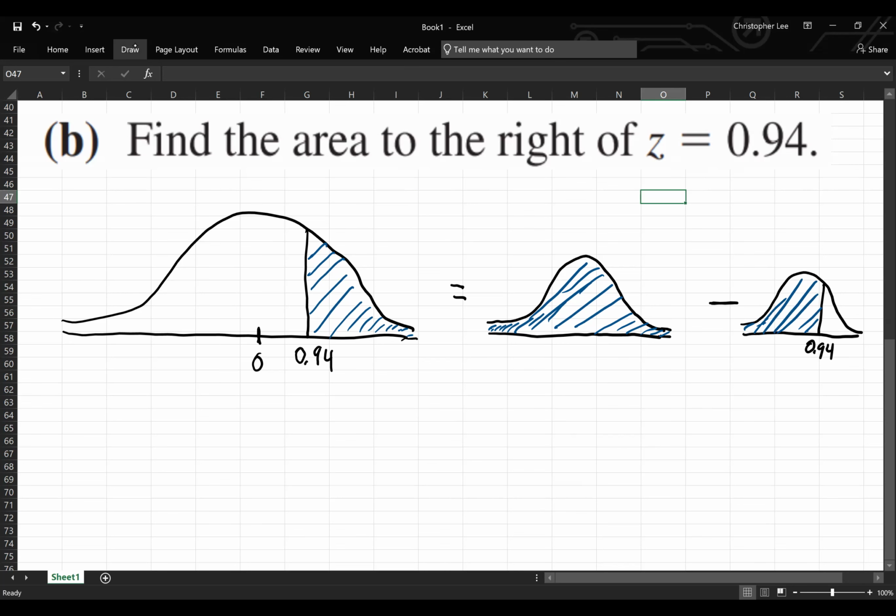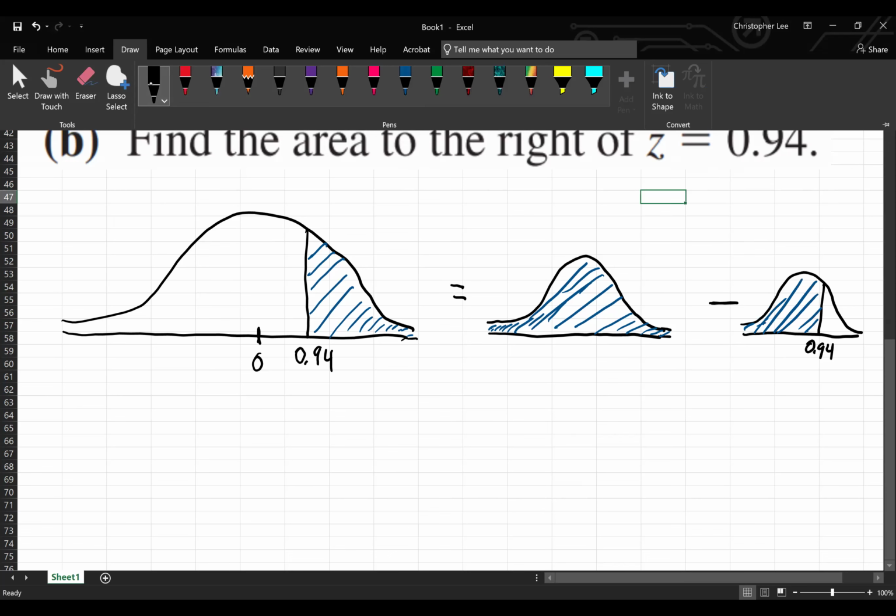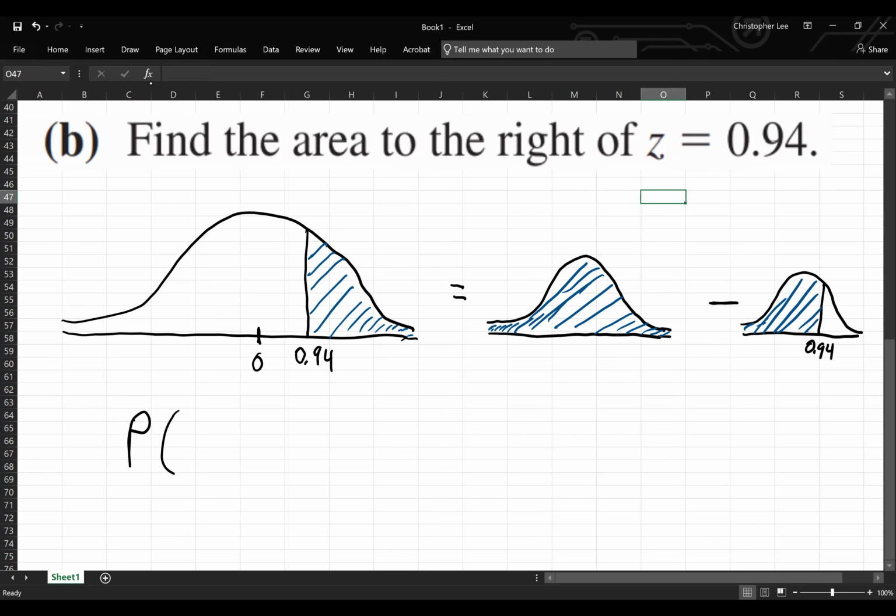So not too bad, right? Just to show you the formula, I'm asking you what is the probability of z greater than 0.94? That's the question.